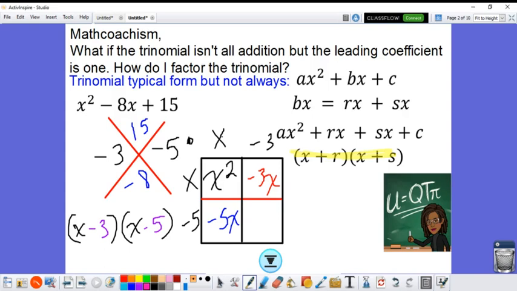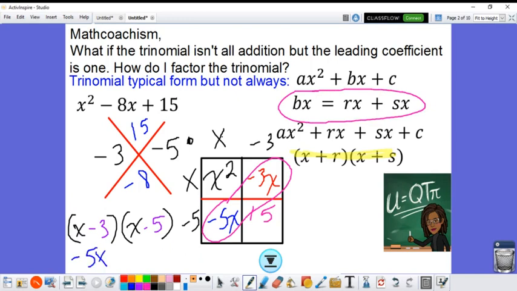And -3 times -5 is +15. So how do we get our b term again? We add rx plus sx. So let's do that. -5x plus -3x. That does give us -8x. So that's how you would factor this trinomial.